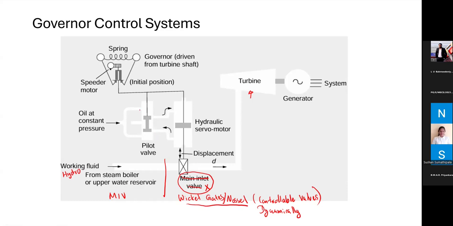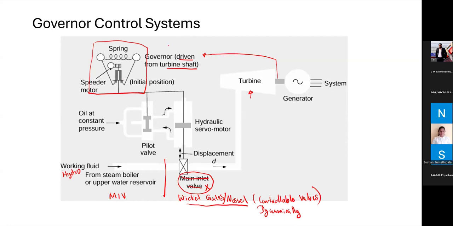In the governor we have a governor mechanism, something like this. This is a mechanical governor which you might be familiar with because you're coming from a mechanical background. The governor is driven by the turbine shaft. It gets this measurement through a mechanical path or an electrical path, because almost all the governors now are electrical.